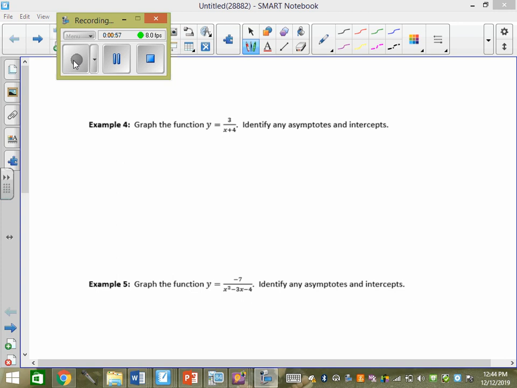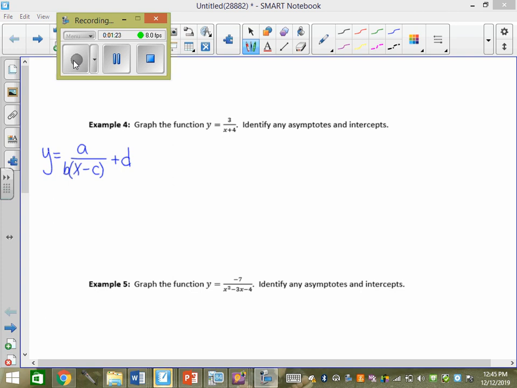So we need to graph the function of y equals 3 over x plus 4. Now that actually can be written in the transformation form, can't it? The transformation form is y equals a over b(x minus c) plus d, right? So all we can have on the top is actually just a number. We can't have a variable.